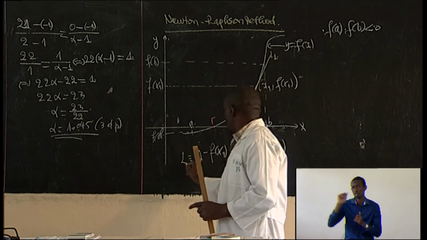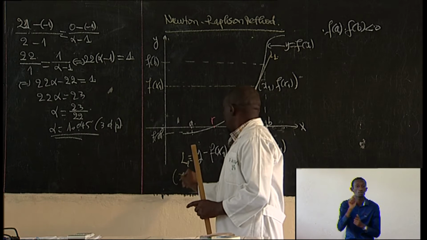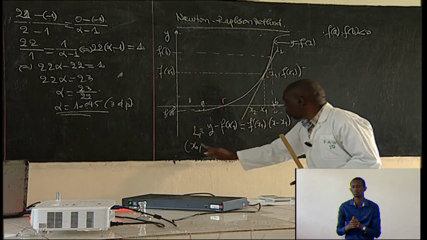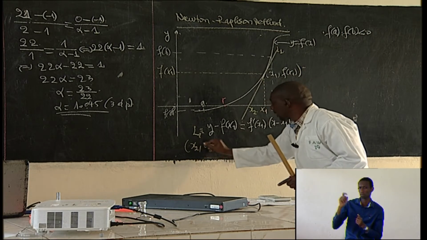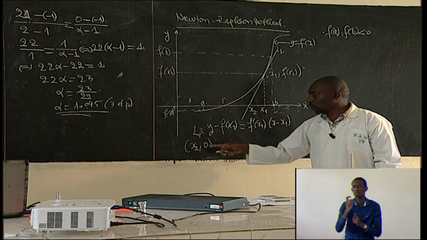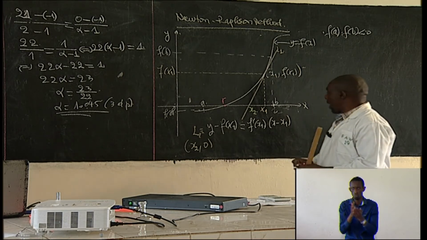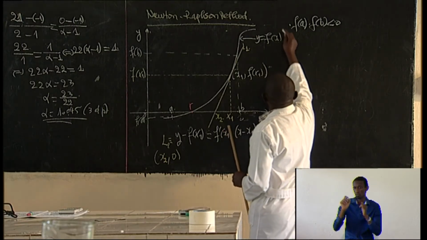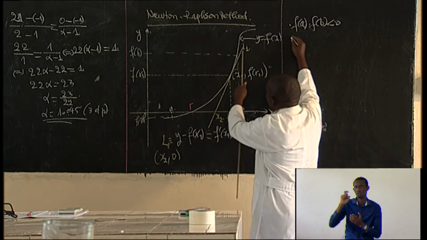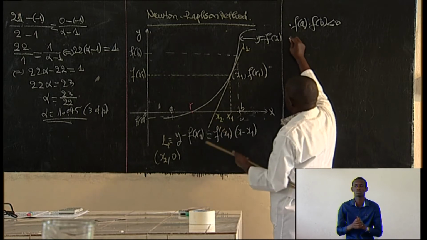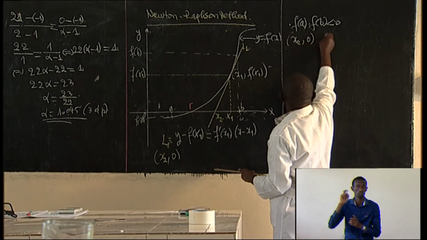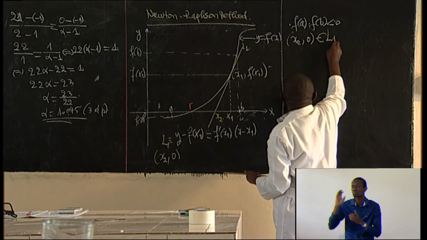So when you observe this intersection between the tangent and the x-axis, I have the point x2 and 0, because any point lying on the x-axis, its y coordinate is 0. So when the point is lying on the x-axis, also on this tangent, means that x2, 0, is lying on L1.